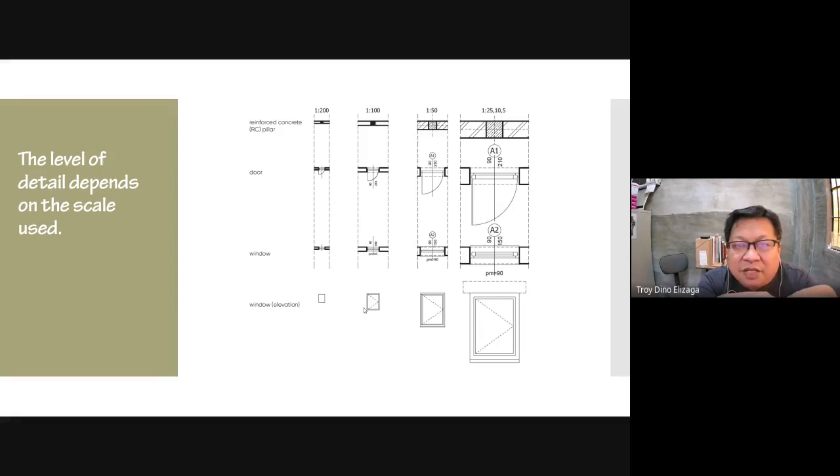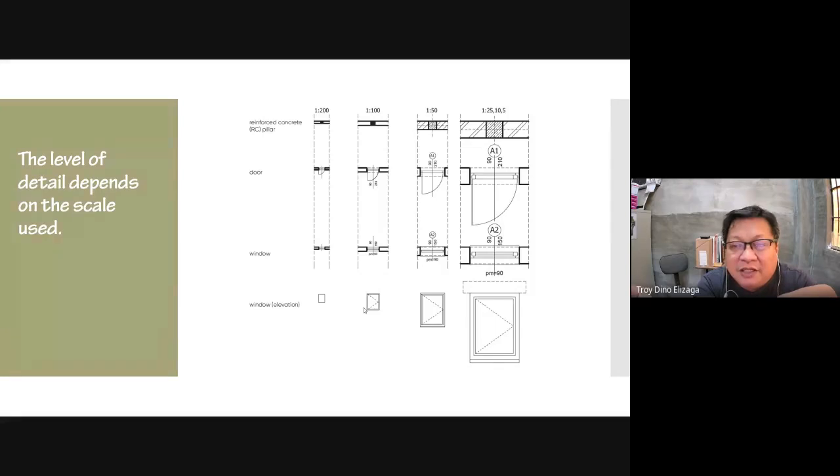In the door, you can see more details. And when it becomes 1 to 50, there are even more details. Even the jamb in the elevation, the window has more details. Then when you reach 1 to 25, 1 to 10, or 1 to 5, you can see that even in plan, you see the design of the jamb already, of the windows and the doors.